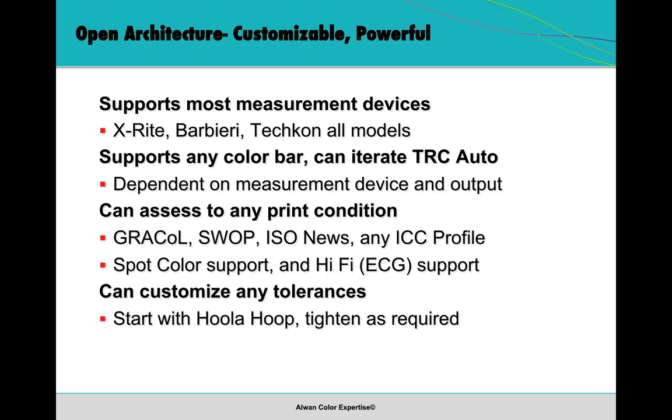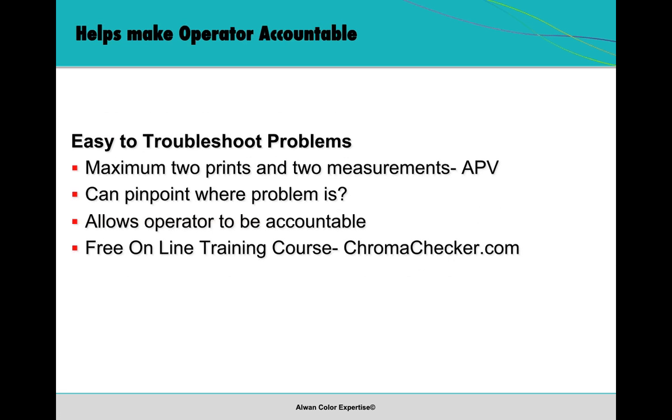And as we tighten it, it becomes a little more challenging for them, but they don't have this negative view that this is going to be a whole lot more work for them. So we've learned, installing hundreds of these systems, how to deal with the psychology of the operators and get the buy-in at the operator level. And in this way, it helps make the operator accountable.